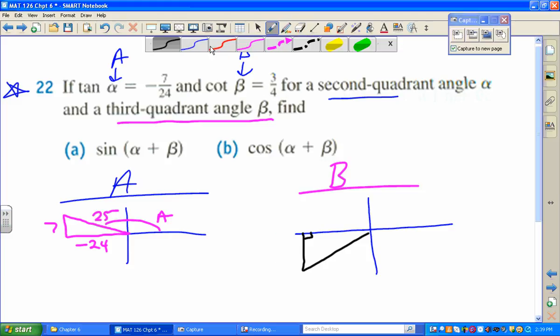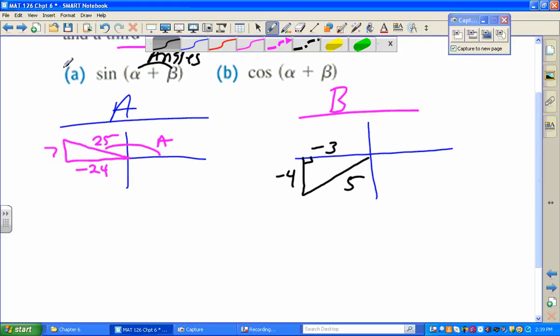And the opposite side will be negative 4 with hypotenuse of 5. What you're doing is you're getting them set up. It says A plus B. You cannot add the fractions because of the ratios. These are angles. So you have to expand this because we don't find the angles, add them together and take the sine of it. We have to expand it so we get to learn how to use the identity.